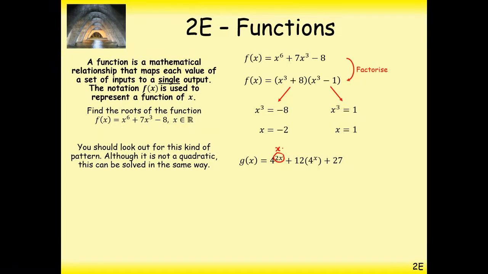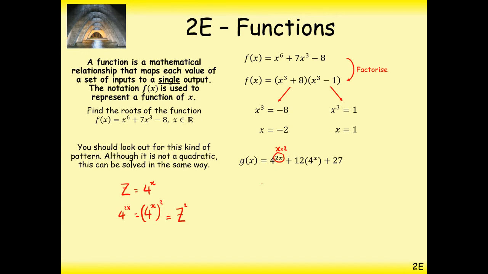Why do I do that? Because I'm going to use a different letter, let's call it z, and say 4 to the power of x is going to be z. Therefore, where I have 4 to the power of 2x, I can write it as 4 to the power of x in a bracket squared. This is 4 to the power of 2x, so that is simply z squared, right?